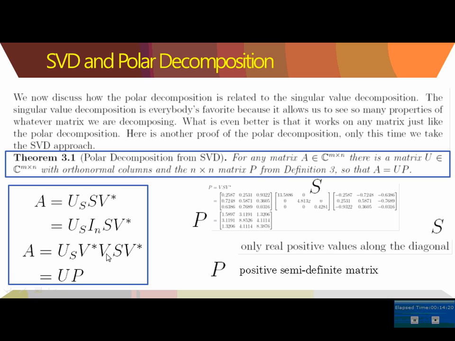Since this V S V star is the positive semi-definite matrix P, if we let U S V star be another matrix U, then the matrix A can be written as UP. So if we have a singular value decomposition like this, then it can be written as a polar decomposition like this. So vice versa, polar decomposition and singular value decomposition are closely related.